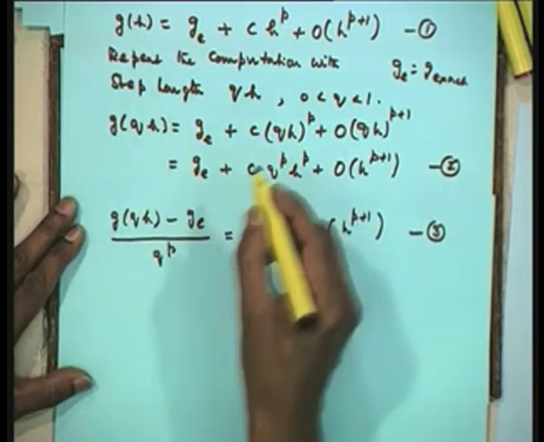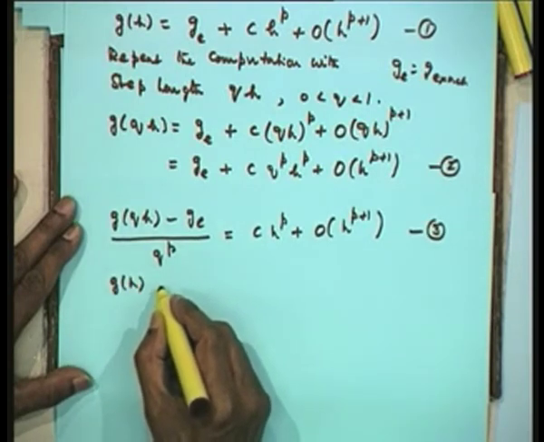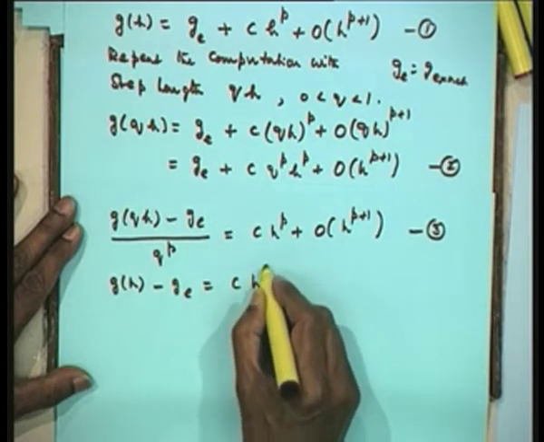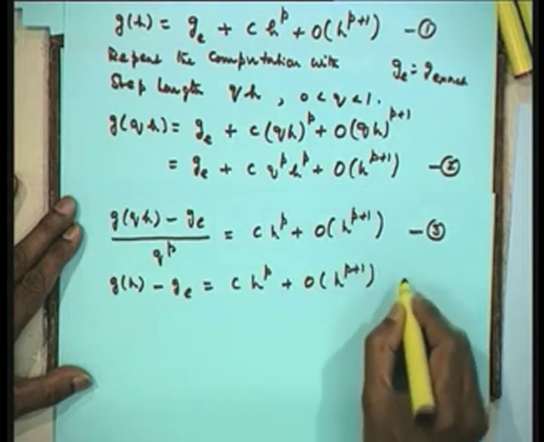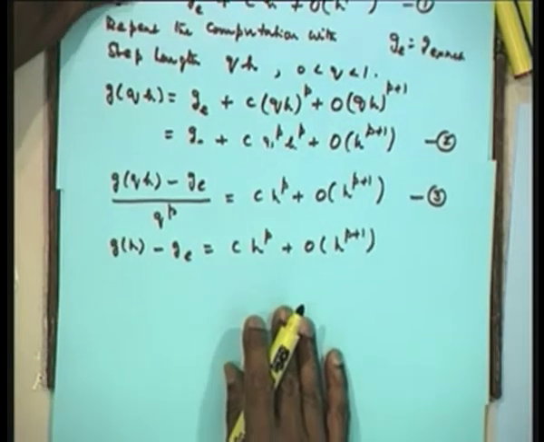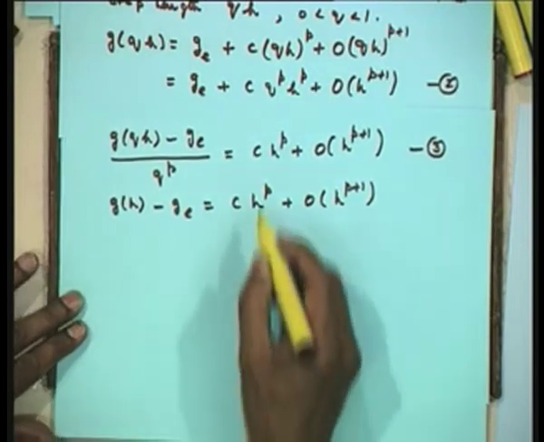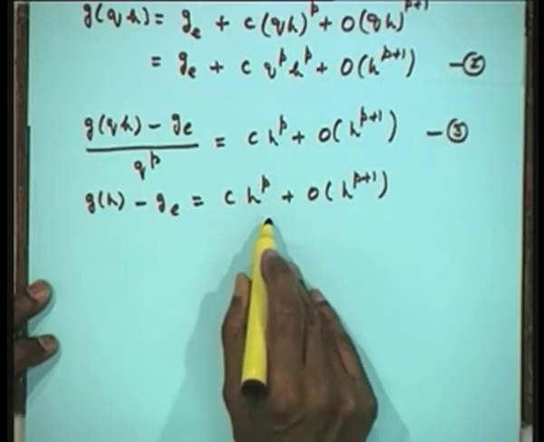Now, let us write down the first equation also again, g of h minus g of e is c h to the power of p plus order of h to the power of p plus 1. Now, if I subtract these two results, then c h to the power of p gets eliminated.